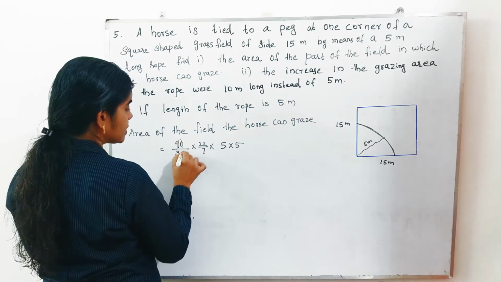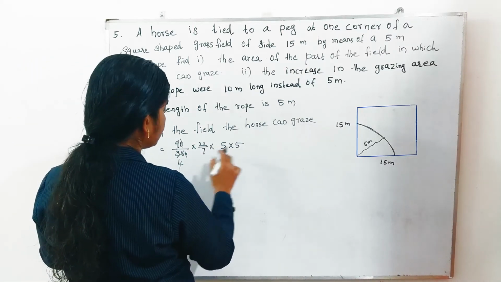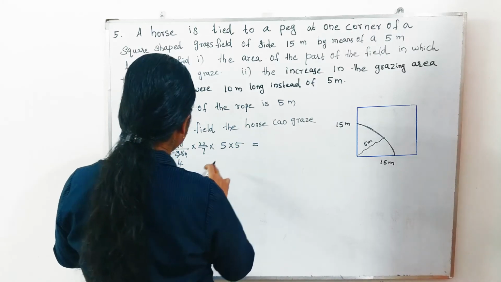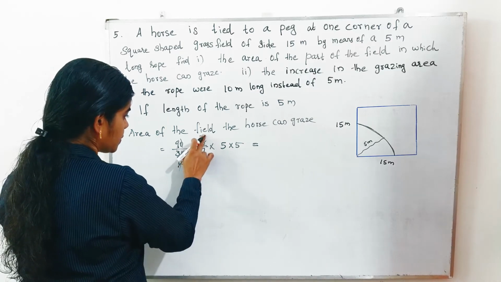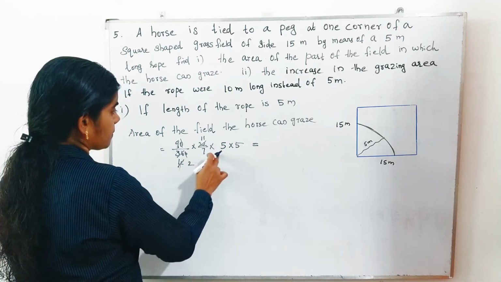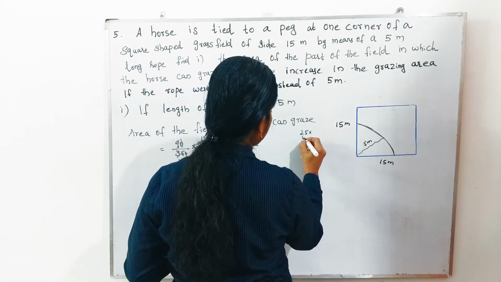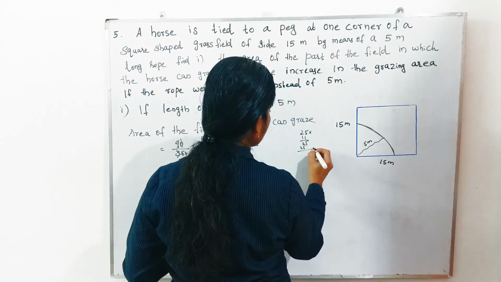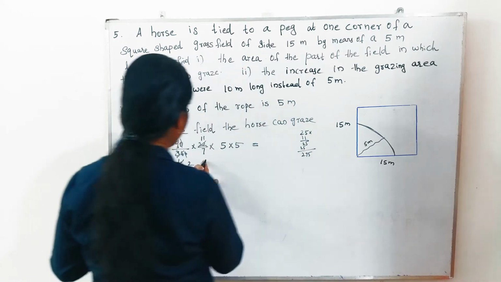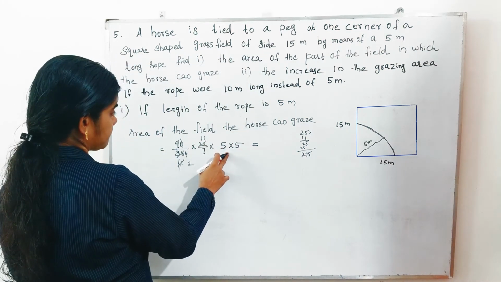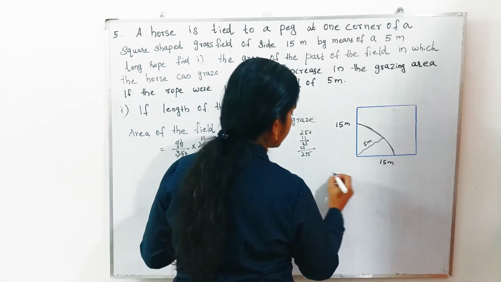We can cut this, thus you will get 4, and this will be 2, this will be 11. 25 into 11, 275 divided by 14. 275 divided by 14.